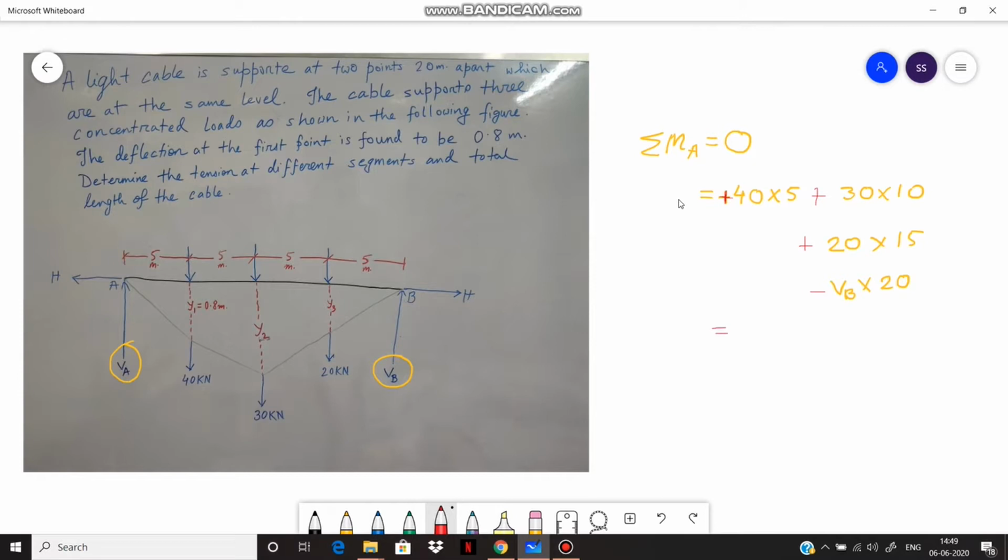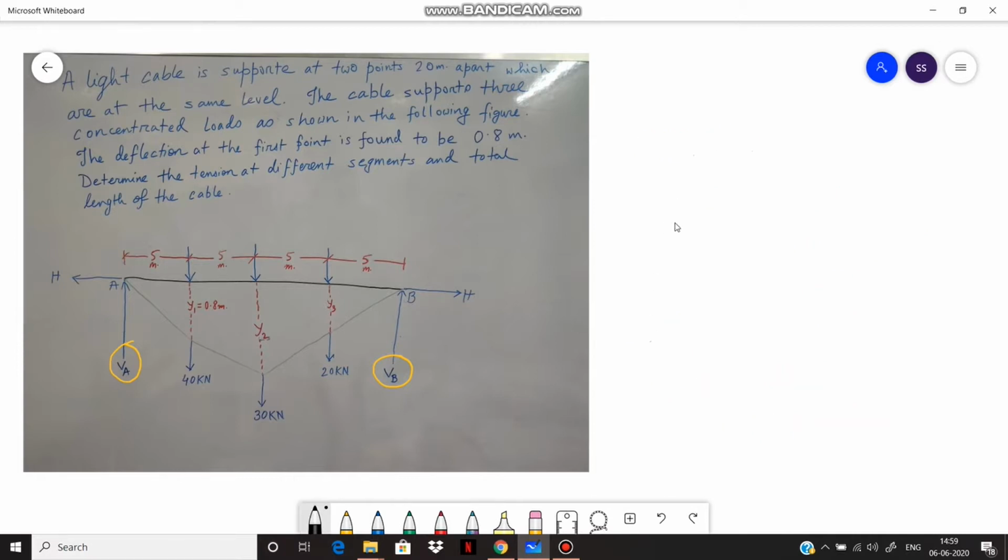So after calculation, we get VB equals to 40 kilonewton. As we can see that in the given problem, the total of VA and VB is 90 kilonewton. So from this, we get VA equals to 50 kilonewton.